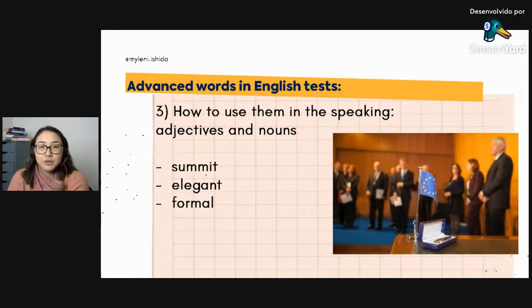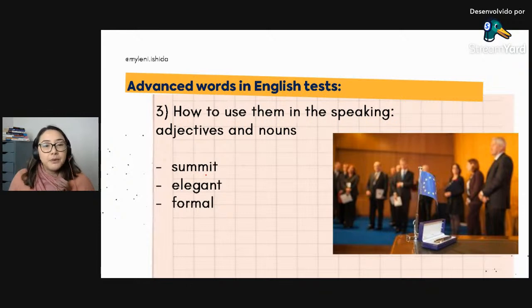You can also talk about design. For example, imagine you have a picture with no people. You have only a beautiful room, for example, with furniture, right? And you want to describe the style, the design. You are going to say elegant design. Okay? So not only for people, but also for things.